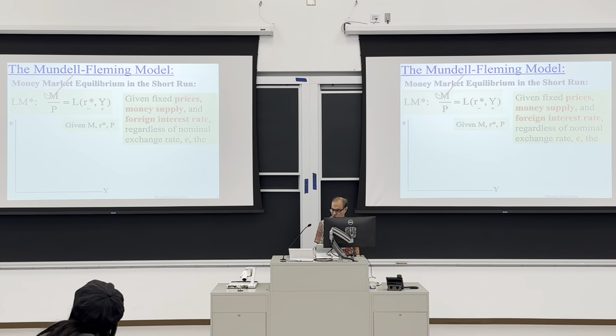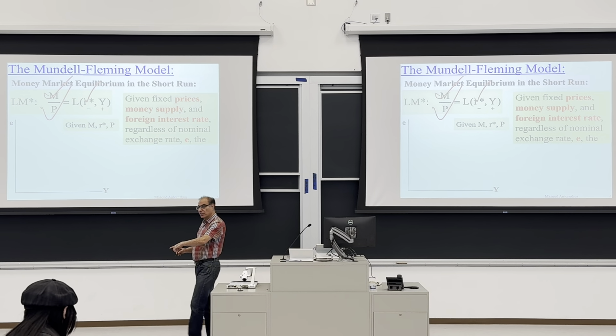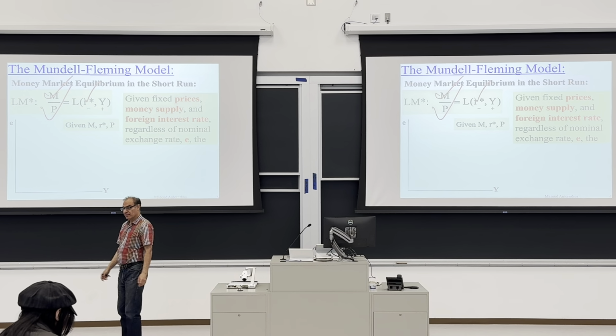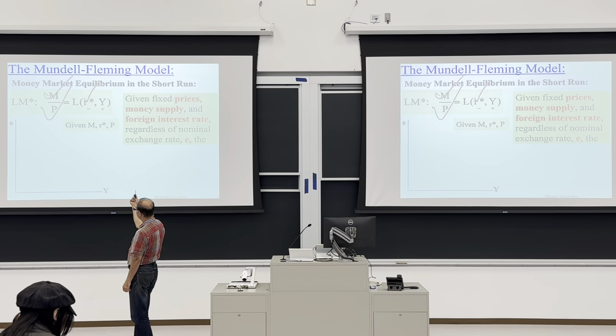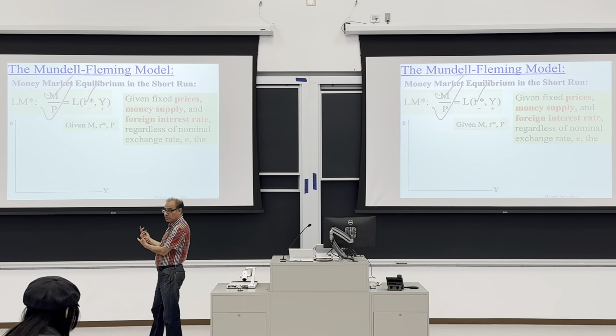Okay? Suppose central bank doesn't do anything. This is short run. You remember short run price is fixed. And also you remember this one? Important one. Interest rate is exogenous. So too many fixed things. How can I have equilibrium in money market?